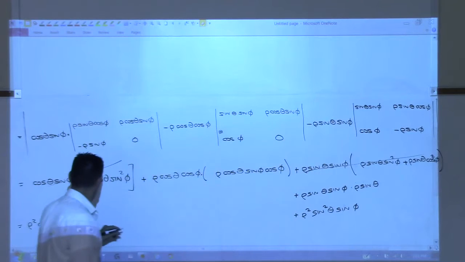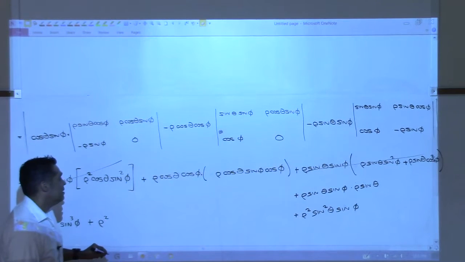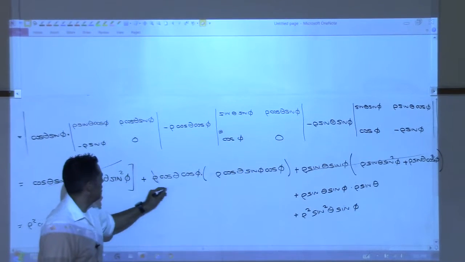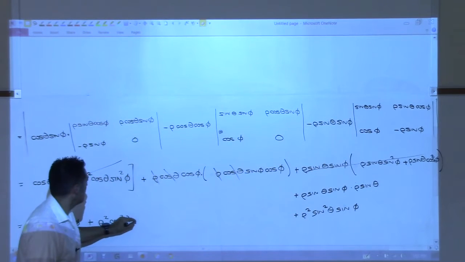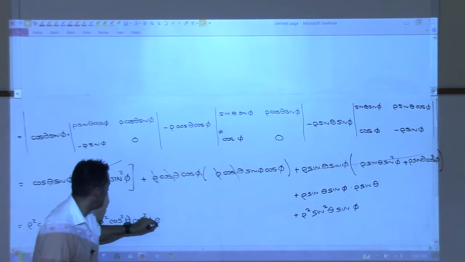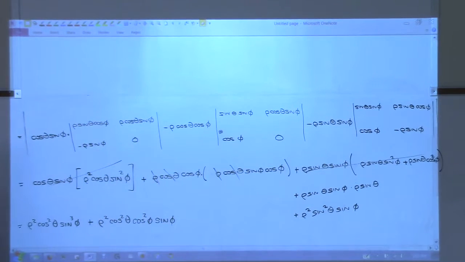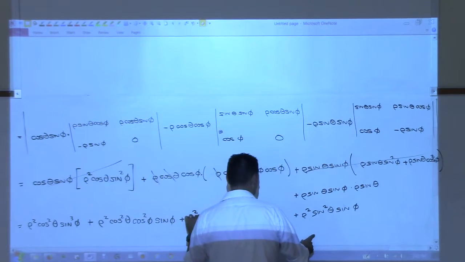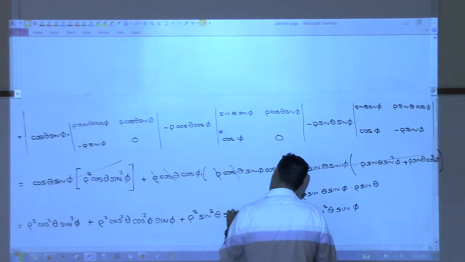So I've got a rho squared, cosine squared theta. I've got a cosine squared phi, and I've also got a sine phi just sitting there, don't I? Let me bring it down here because it's too far away from me. Rho squared sine squared theta sine phi.